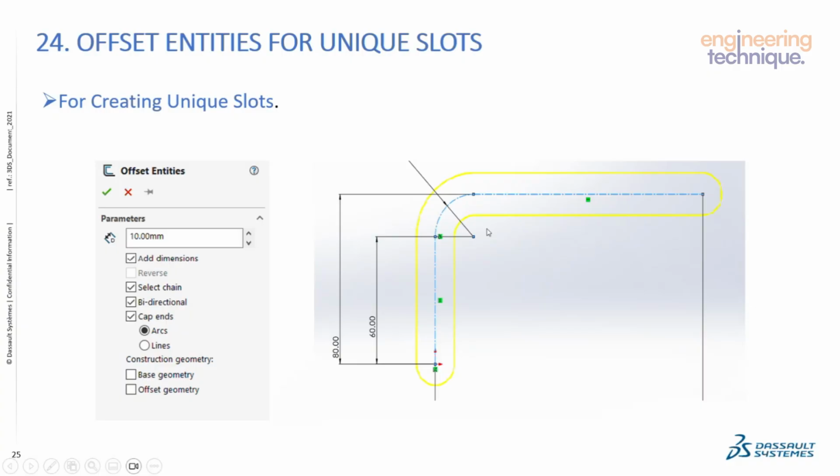Select chain, bi-directional offset, and create one cap. We can take a line cap also and an arc cap also, and by adding the base geometry as construction, it will create the outer line, the main usable geometry, and in between, this particular line will be a construction geometry.